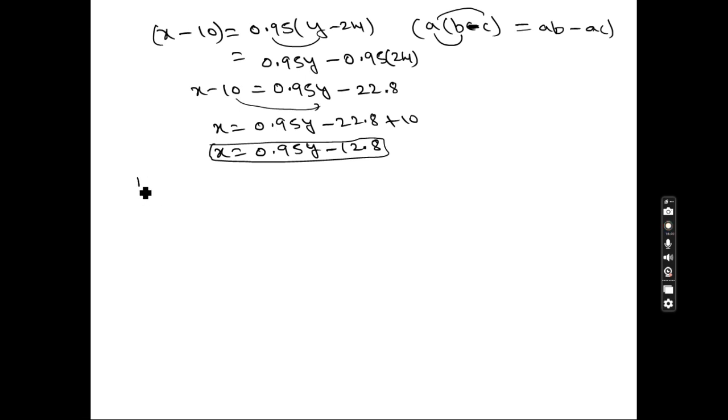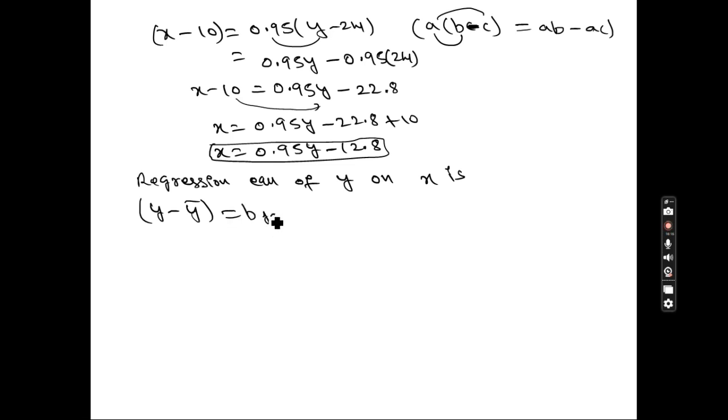So similarly, what we have to find? The regression equation of y on x. What is the formula? y minus y bar is equal to byx into x minus x bar.